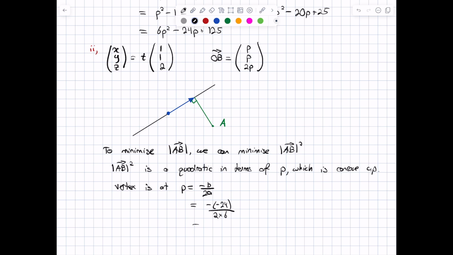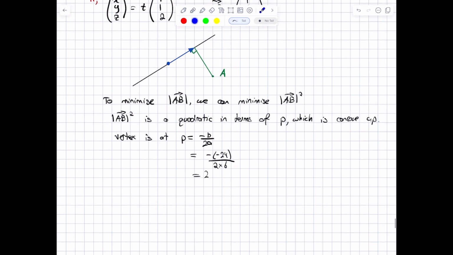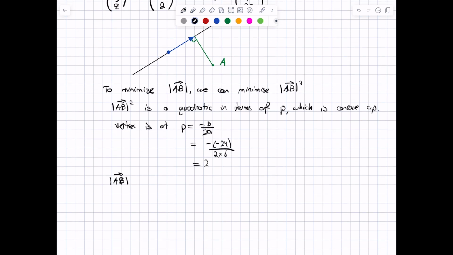So that's equal to 2. So when p is equal to 2, that gives me the vector OB ending at that point. So this becomes the point P. And then we can say that this expression is minimized, the square is minimized when p equals 2.